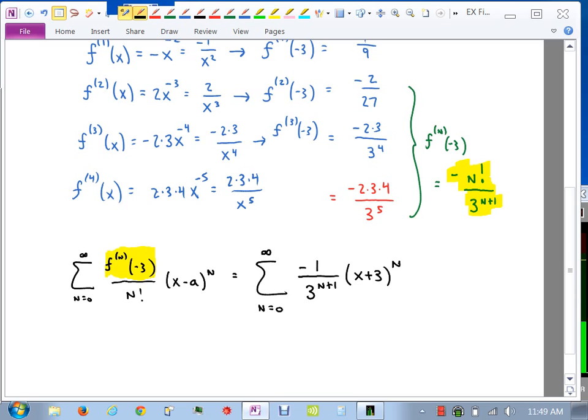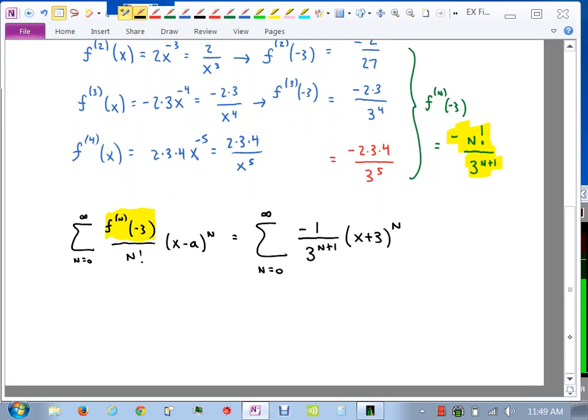All right. I need to find radius of convergence. Are there any questions, though, up to this point? This is our Taylor series about x equals, what was it? Negative 3? Okay.